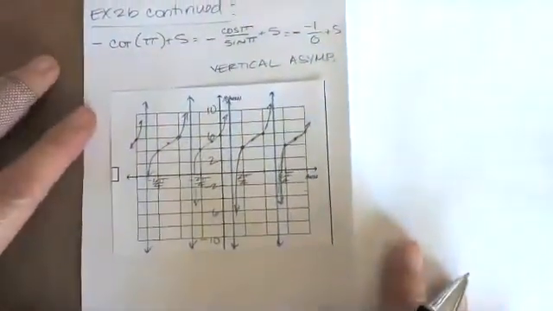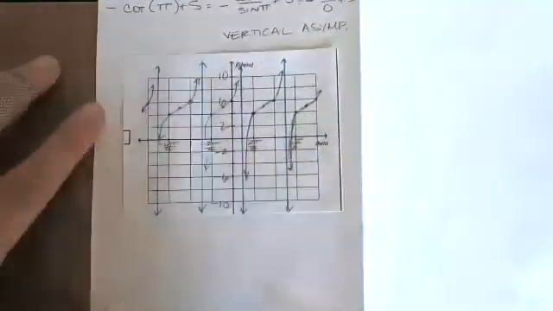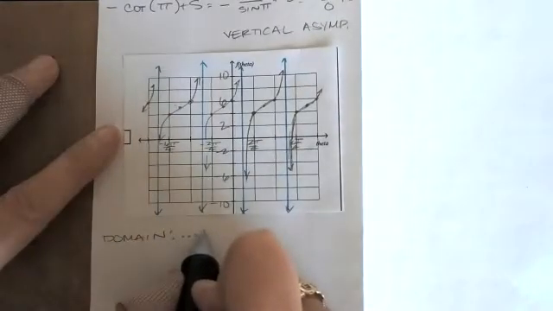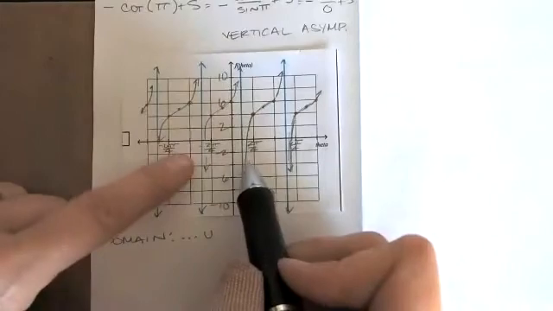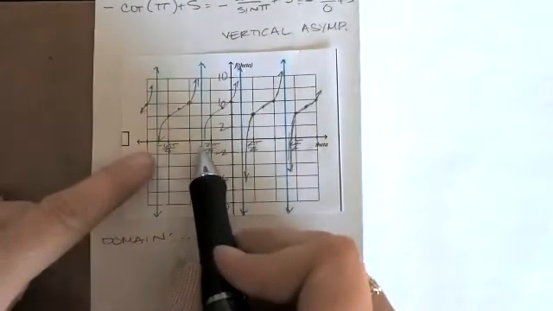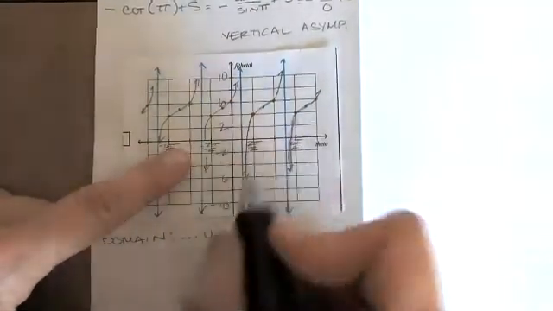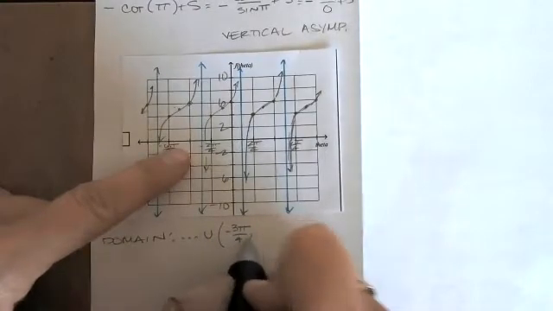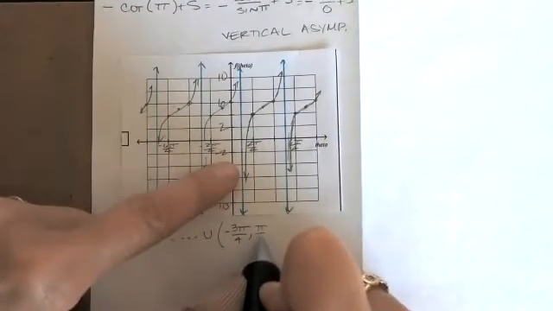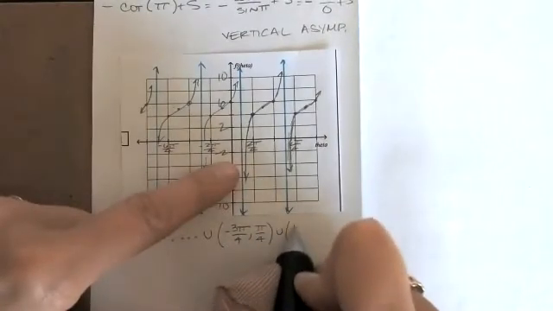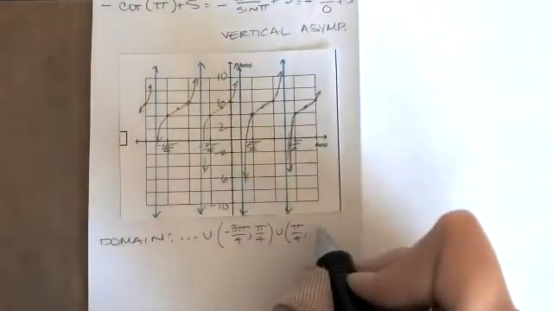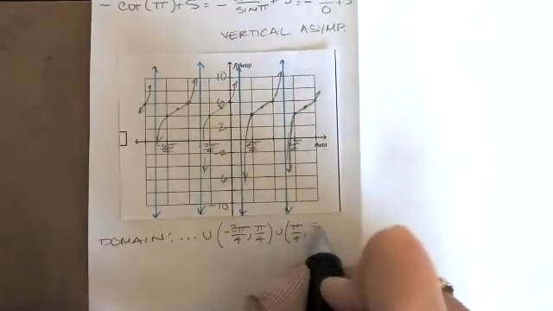All right, so the domain here. Okay, so dot, dot, dot, the union. So that should be negative 3 pi over 4, comma, pi over 4, and pi over 4 to 5 pi over 4. Is that what we said in our table? Yes, 5 pi over 4.